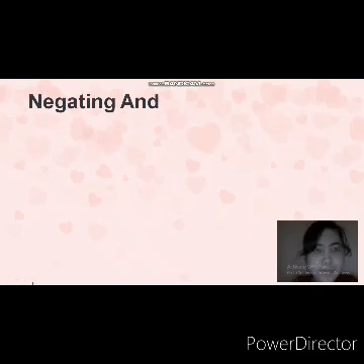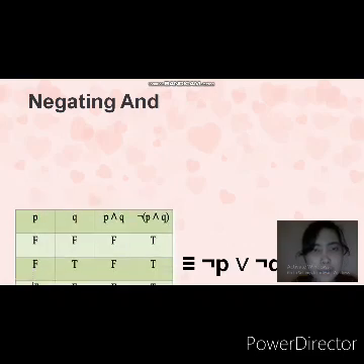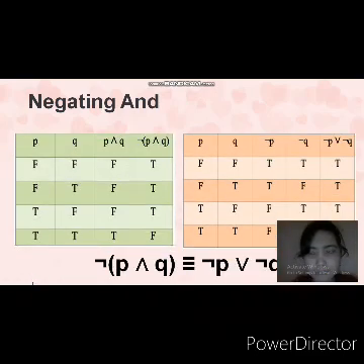Negation of and. The negation of P and Q is equivalent to the negation of P or the negation of Q. For proof, use truth tables. These two statements are always the same.